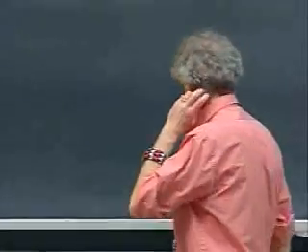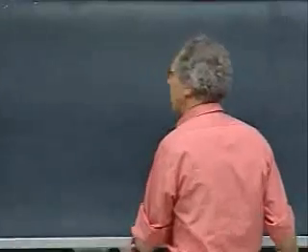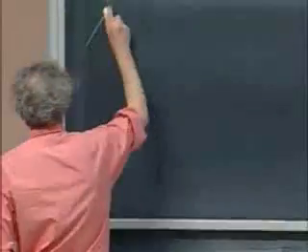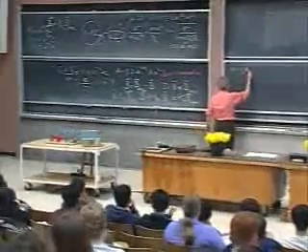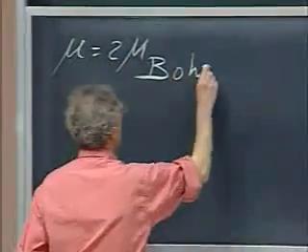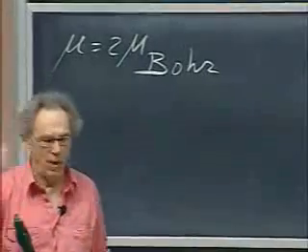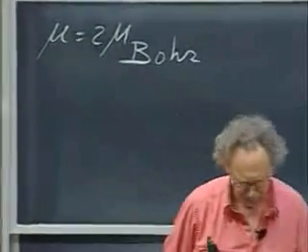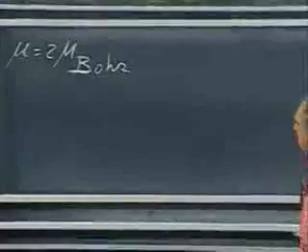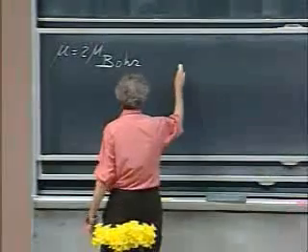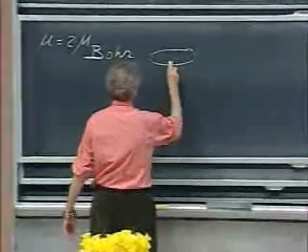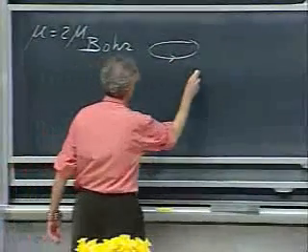I'm going to make a rough calculation, but to give you a pretty good feeling for the numbers. It depends on what material you have. I will choose a material whereby the magnetic dipole moment is 2 Bohr magnetons. I told you it's either 1 or 2 or 3. I pick one for which it is 2. And I have them all aligned. So here is the current going around the nucleus.